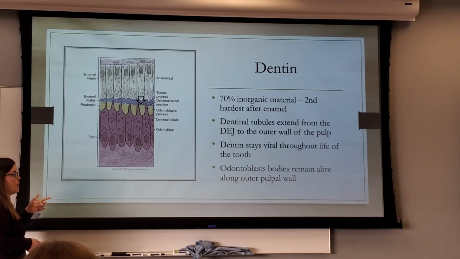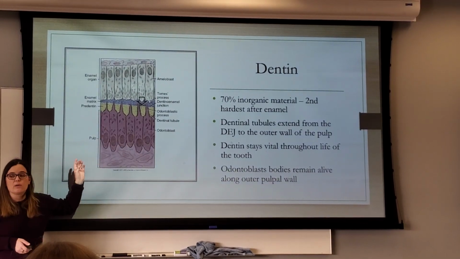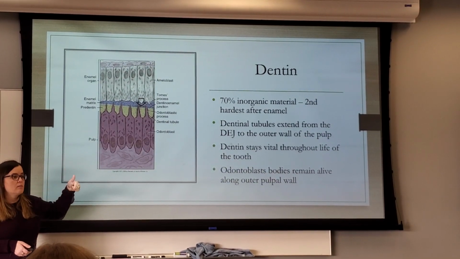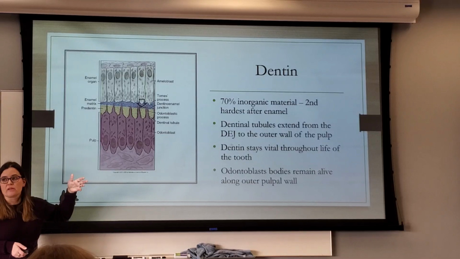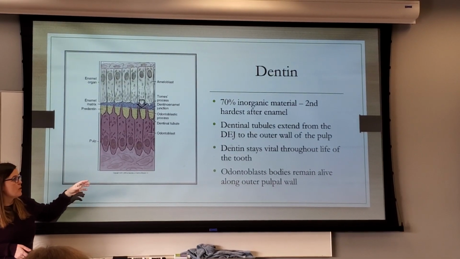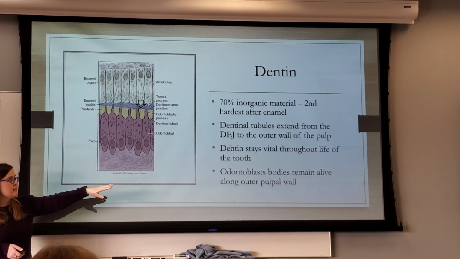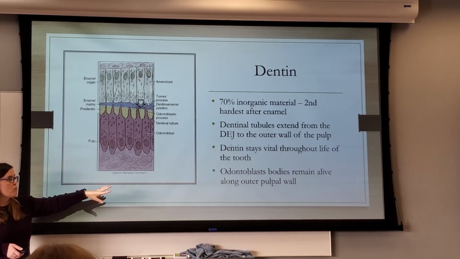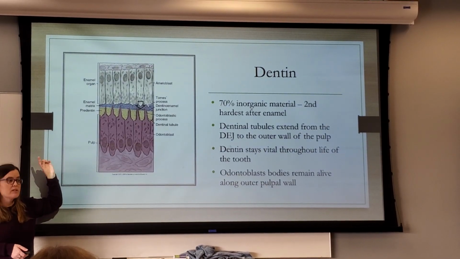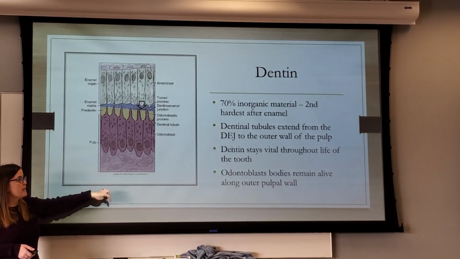As long as the tooth is healthy and receiving nutrients, it will continuously make new dentin throughout the life of the tooth. So odontoblast bodies remain alive on the outer wall of the pulp. So as it takes the dentin, it goes all the way down to the pulp.